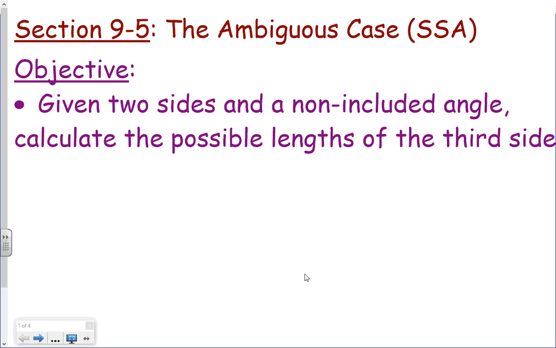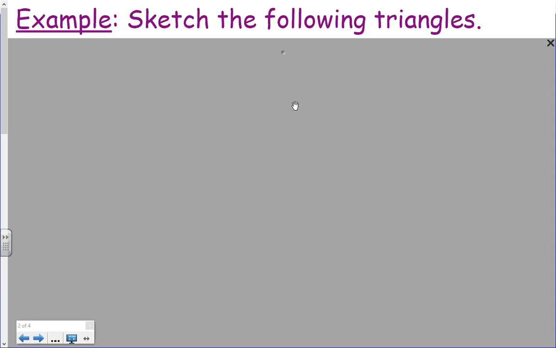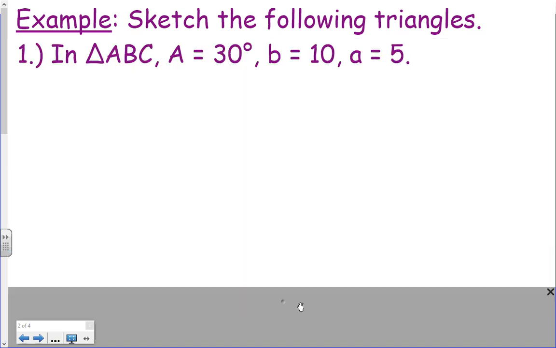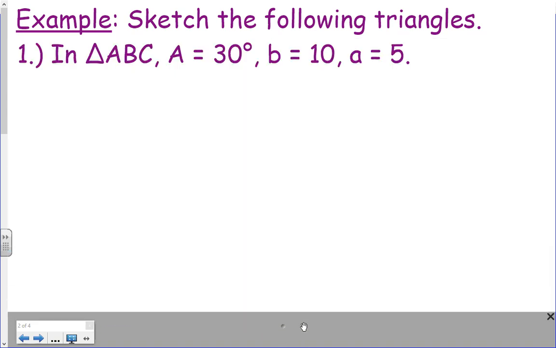All right, so let's start with a couple of examples here. For each of these examples, we're going to try to sketch the following triangles. We're going to give you side-side angle and try to sketch the corresponding triangle.